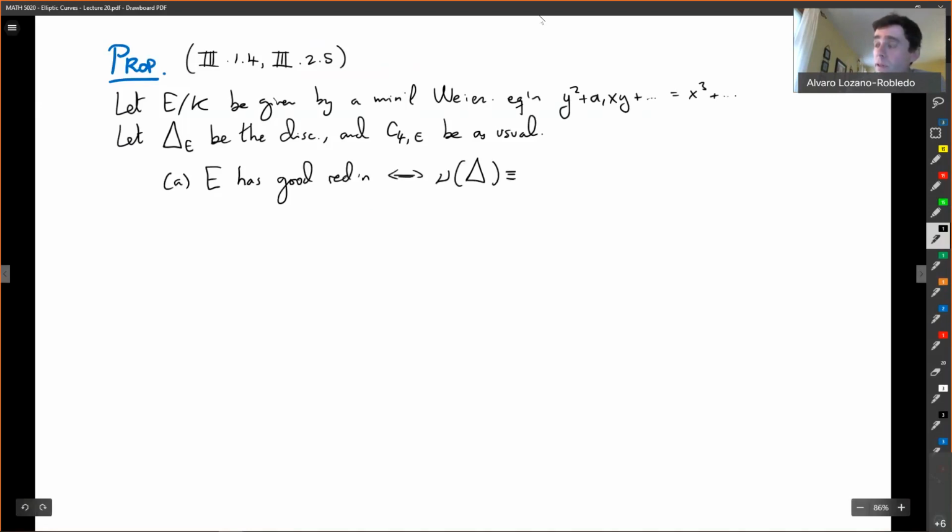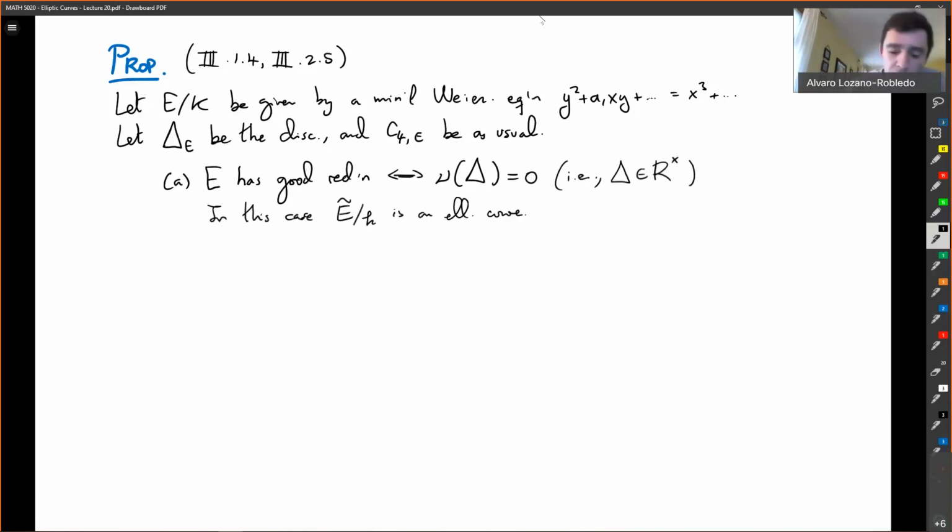So the valuation of the discriminant must be 0, i.e. the discriminant is a unit in the ring of integers. And in this case, the reduction is an elliptic curve itself.